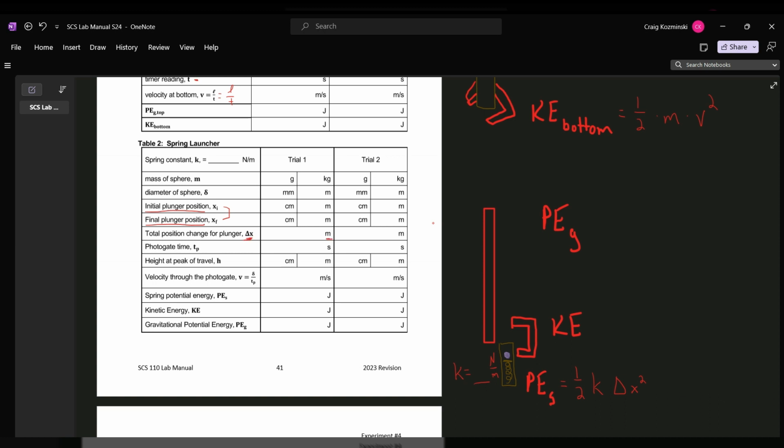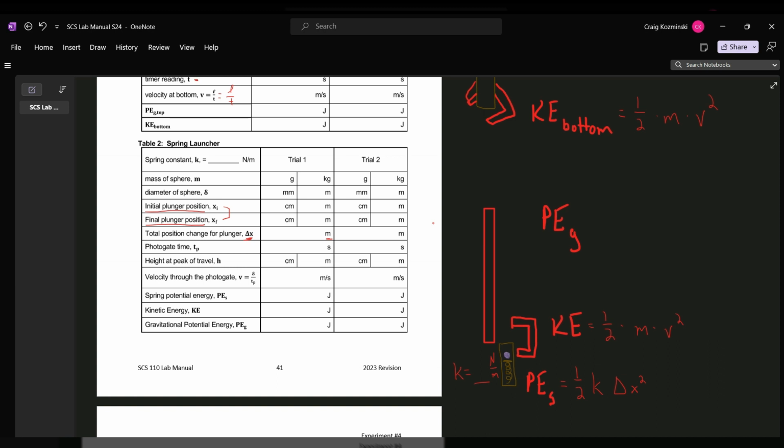This will be used to calculate our potential energy of the spring. Next, we will measure the time it takes for the steel ball to pass through the photogate at the bottom. In doing so, this will allow us to calculate our kinetic energy, where again, our kinetic energy is equal to 1/2 times the mass times the velocity squared.